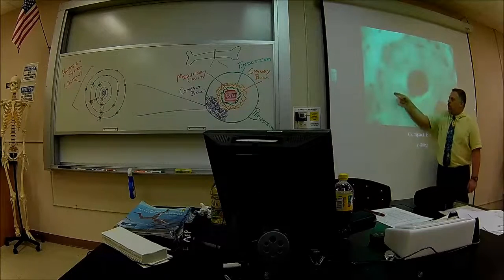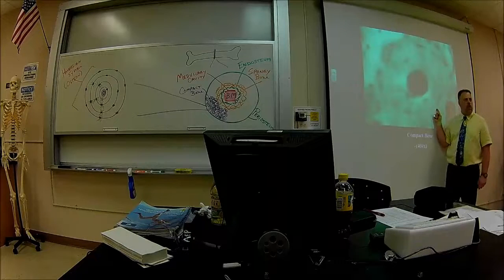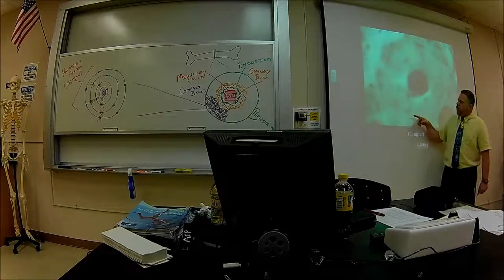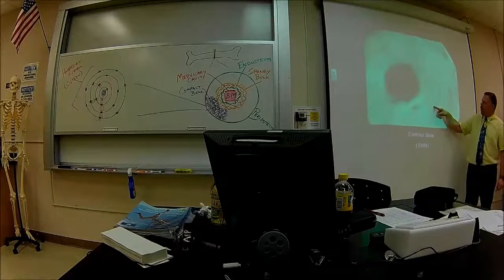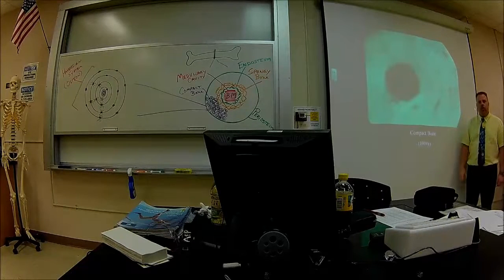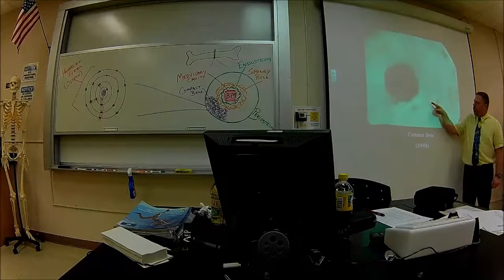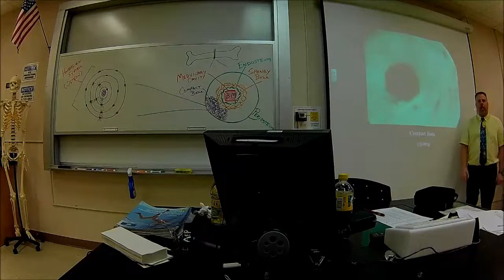You can see the concentric rings, the bullseye kind of look. That's the lamellae. If I get up really close, you could see the lacuna there. And inside there, normally an osteocyte would be found. You could also appreciate the little rays coming off. Those are the canaliculi.